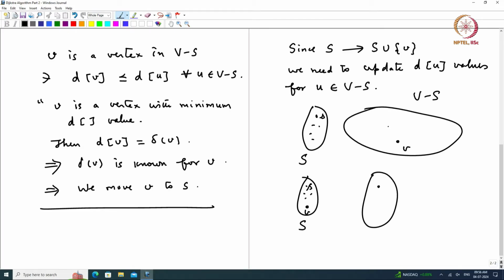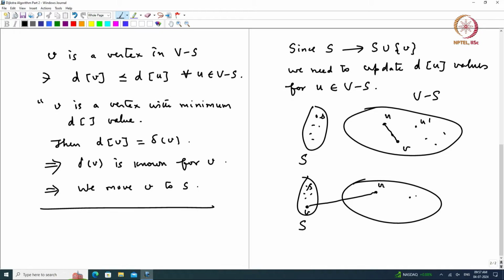This is V minus S, this is V, this is U, this is U dash, and there are other vertices. From V to U, you have an edge and you have moved V. So, after moving V, this is the scenario. Now, D of U and D of U dash, what is the meaning of D of U dash?